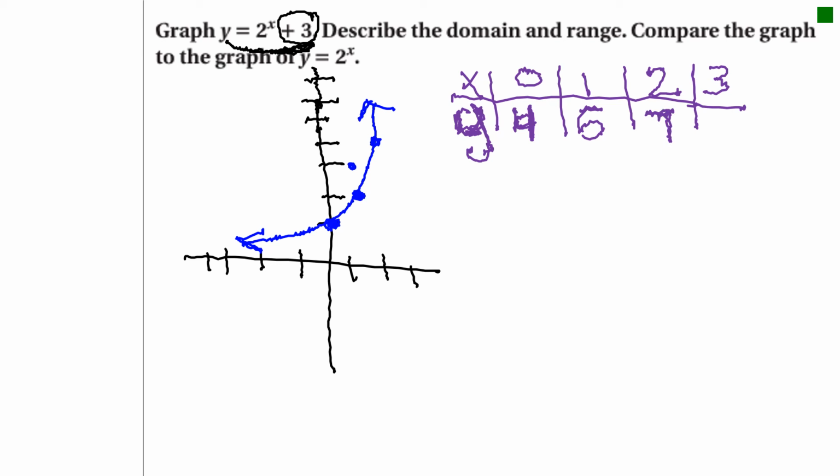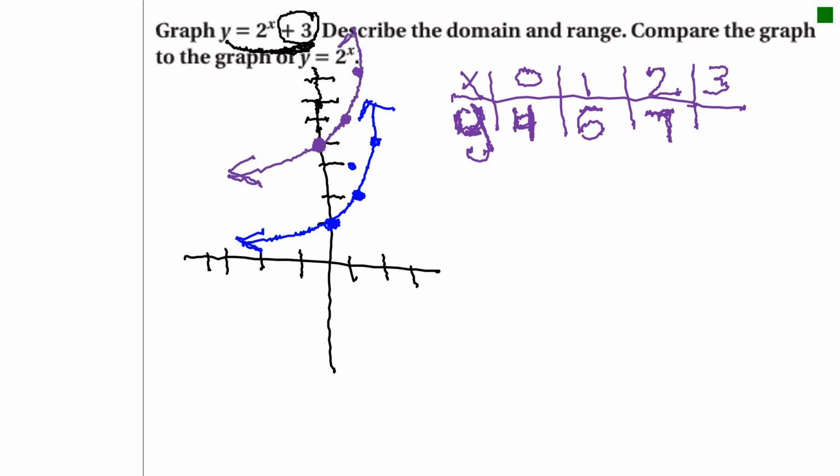And it's okay if I don't do 3. We'll come back to it if I need it. So 0, 4, 1, 5, 2, 7.